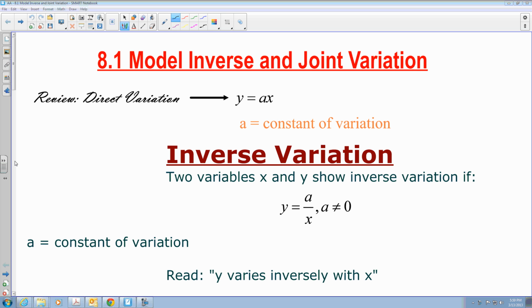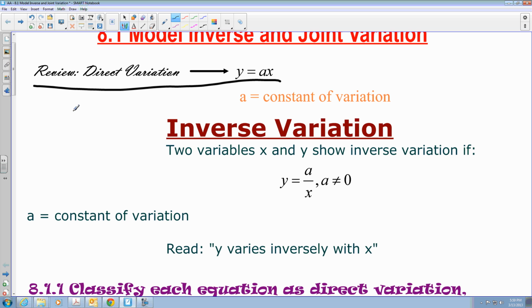To start with, we're going to take a look at direct variation, which in review is written as the equation y equals a times x, where a is considered the constant of variation. And then we're going to look at inverse variation, where we have y equals a divided by x.